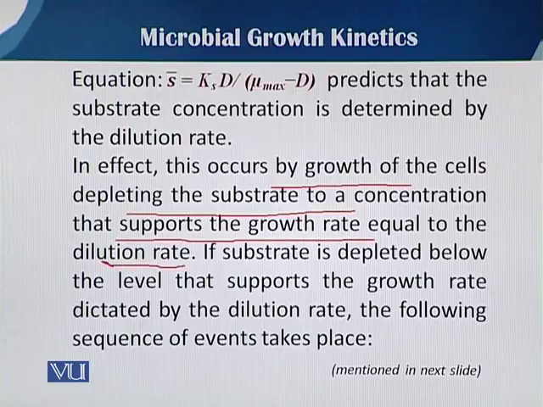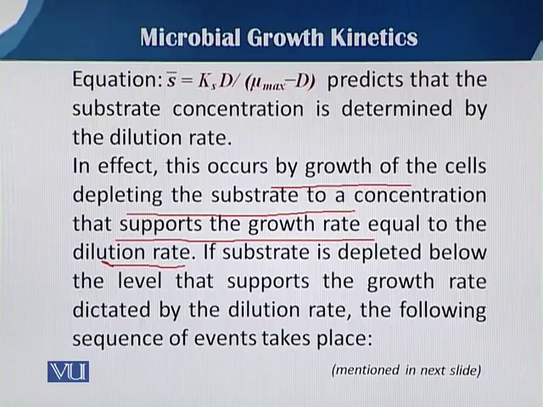Meaning, when we are adding something and growth happens, the cell number will increase, and as the cell number increases, their utilization of the substrate will also increase. So when there is more growth and more cells, there will be more utilization of the substrate. The substrate concentration in such a condition is directly related to the dilution rate.